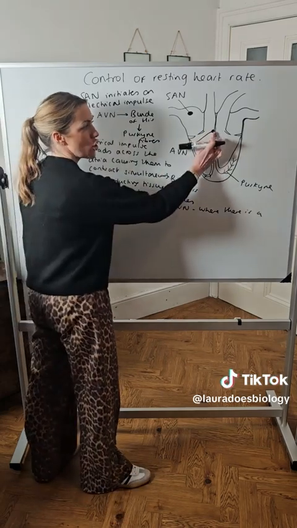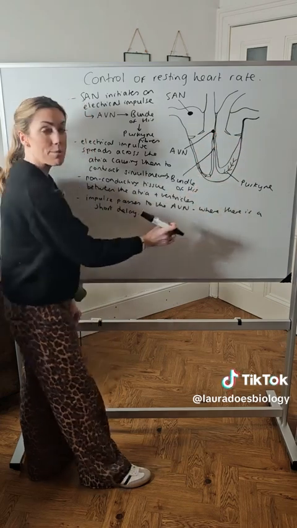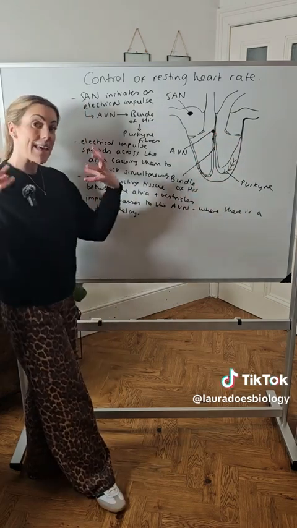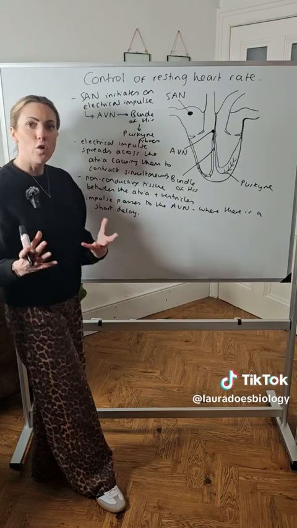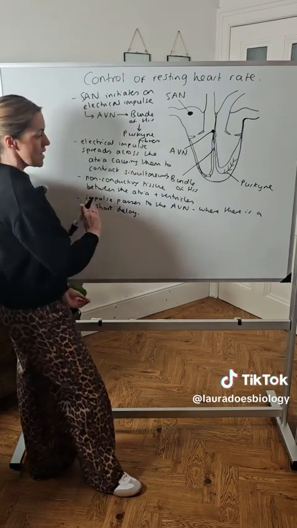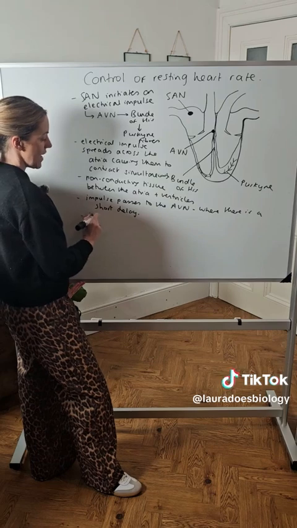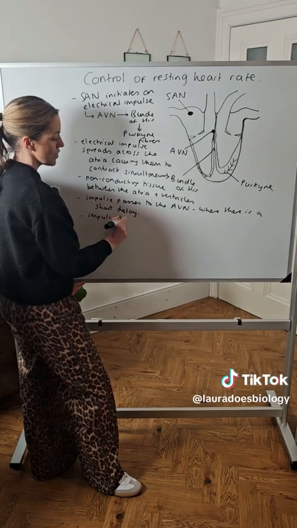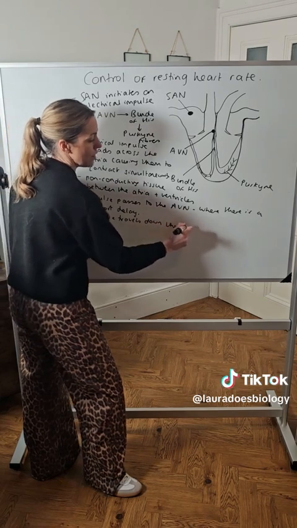So the reason there's a short delay here before the electrical impulse travels down the septum is basically to make sure that the atria fully empty of blood before the ventricles start contracting. Okay? Right. So we've got to the AVN, there's a short delay, and then the impulse travels down the bundle of His.